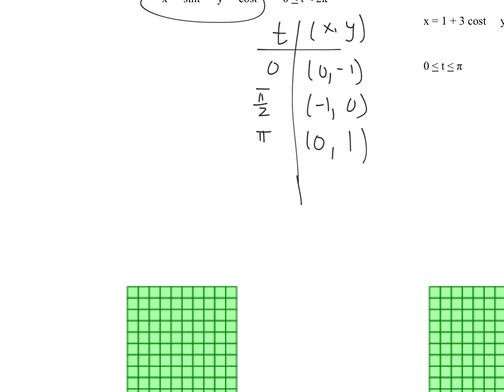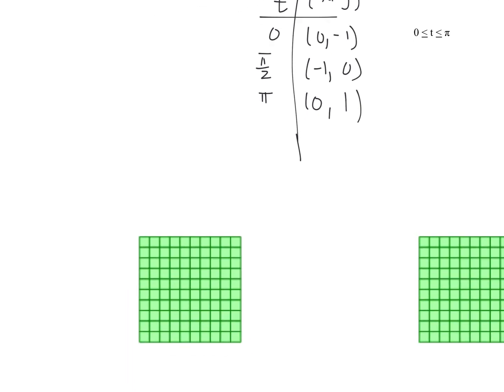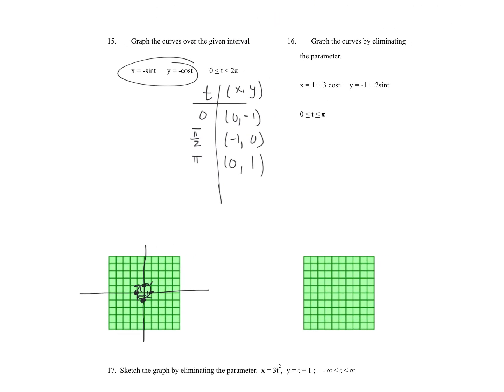So just by looking at these coordinates, 0, negative 1, negative 1, 0, 0, 1, we can see the formation of a circle. And so we can also see the orientation, the direction that this is going. So we want arrows going this way. So it's a circle with a radius 1.